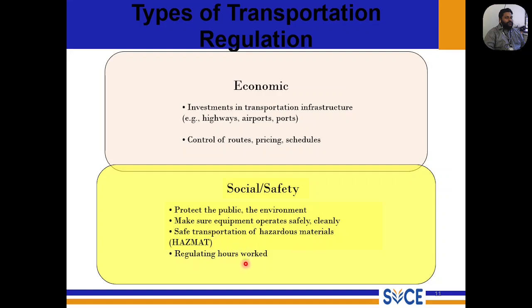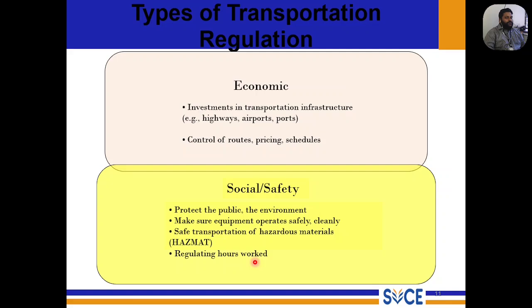Then regulating the hours of work. Right now, we cannot rule out this particular aspect, because in each and every city, when the transportation of hazardous materials is to be done, we have to take into consideration the regulating hours during which the transportation can be carried out. For example, when you're transporting a windmill, you have to consider when there is less traffic, the better for transportation.